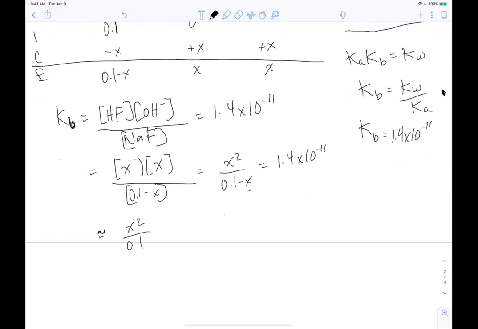So we're going to say that's approximately equal to that. And so x becomes the square root of 1.4 times 10 to the minus 11th times 0.1. And we want to take the square root of that.